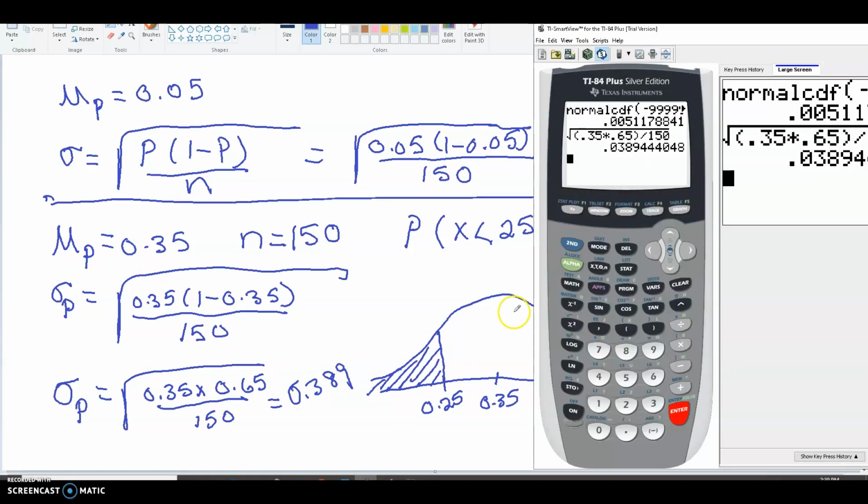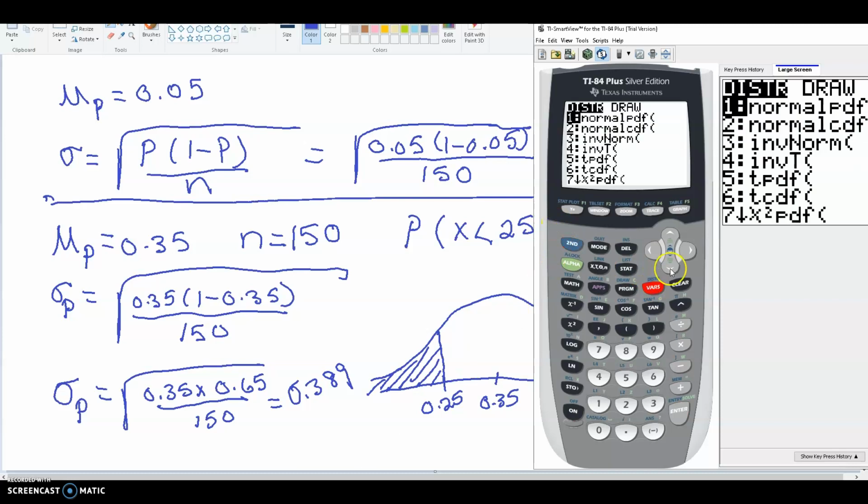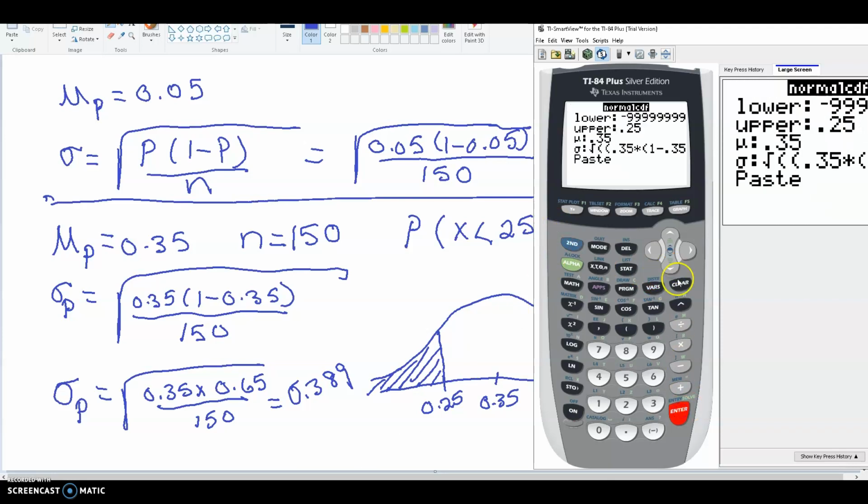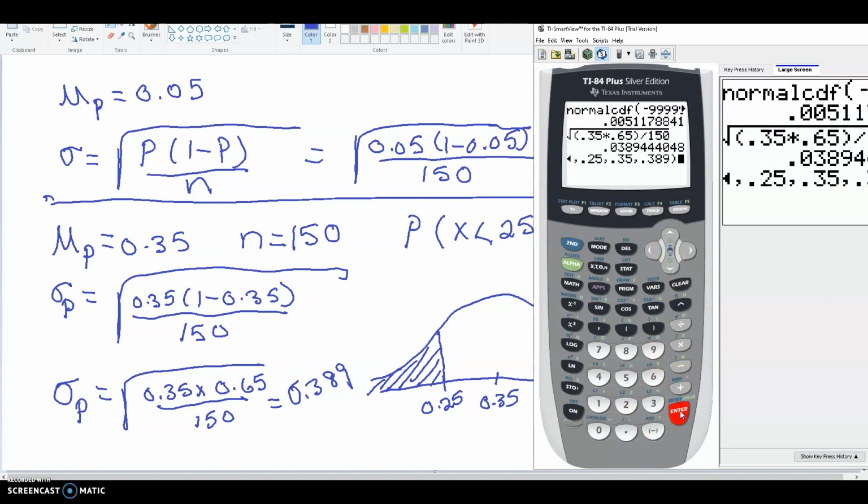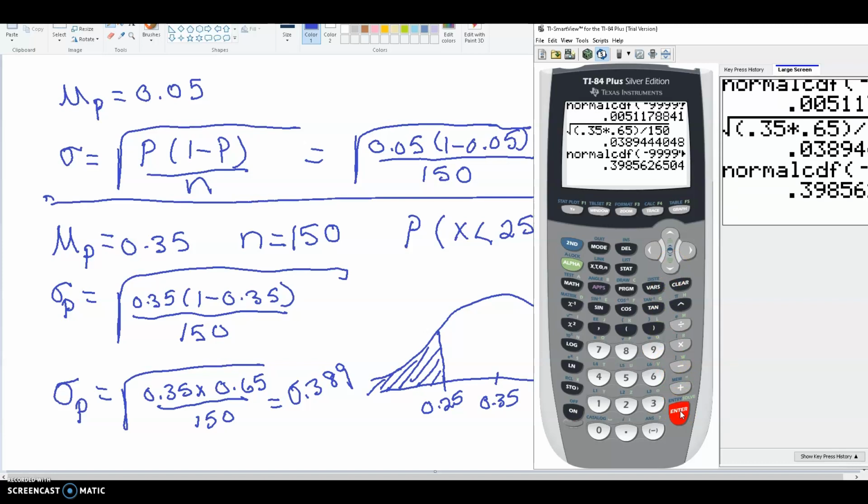Then when we go to do our normal CDF, instead of having all this mess right here, which is fine, I could just put 0.0389. It makes it a little simpler to put it in the calculator. Let's see what happened here.